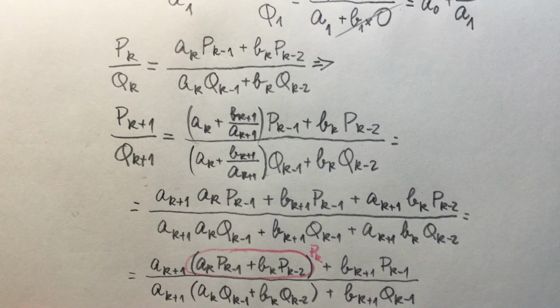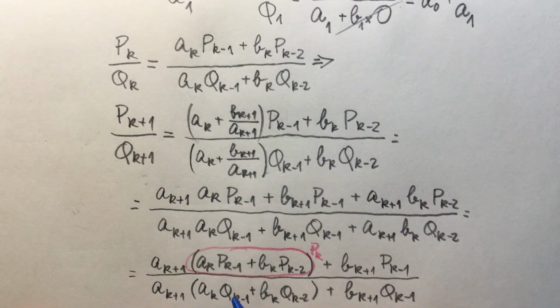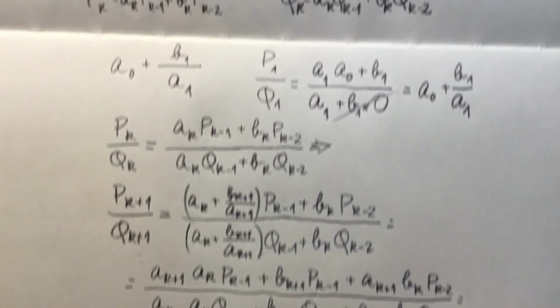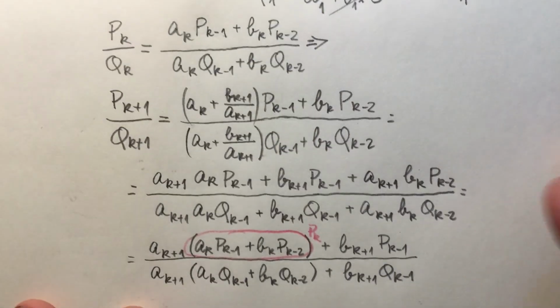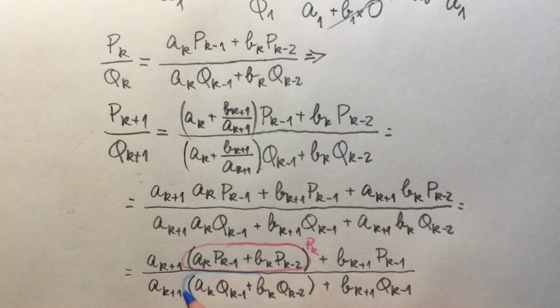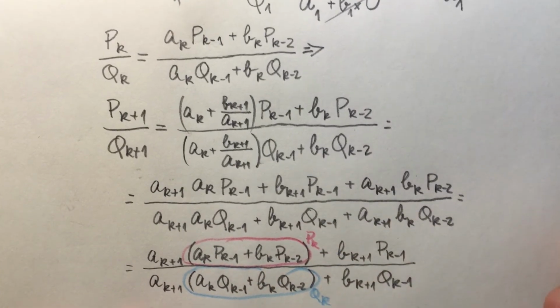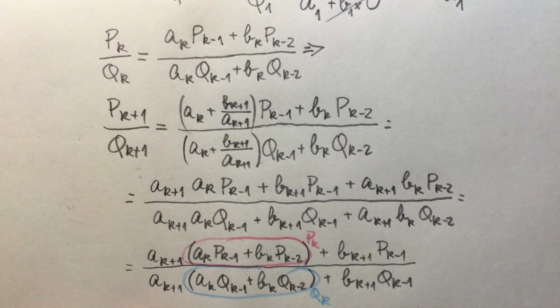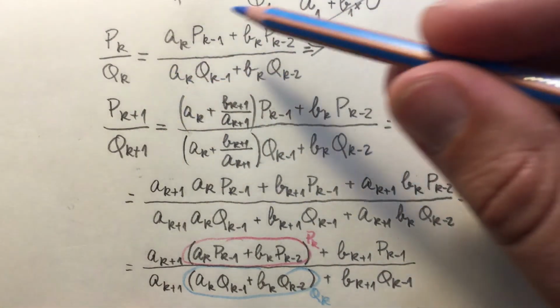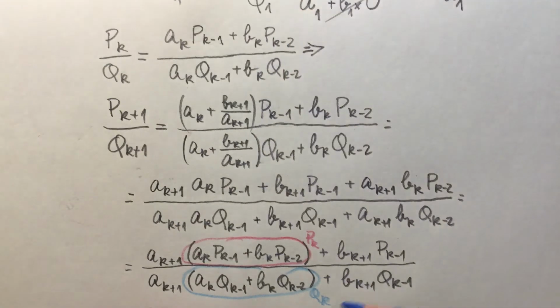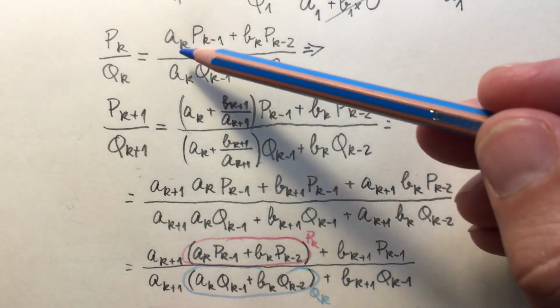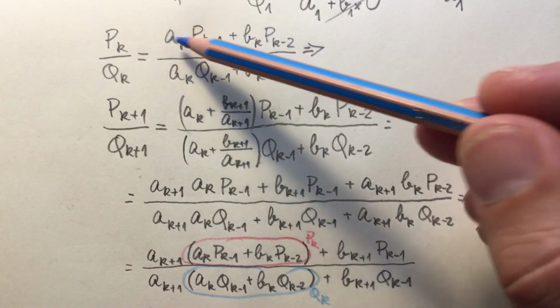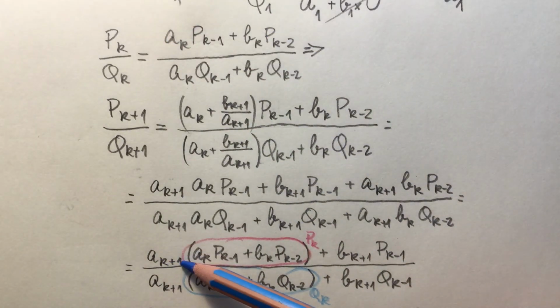And what we have here in the denominator, ak qk minus 1 plus bk qk minus 2, is what we defined as qk. So this here is qk. And now we see that the expression we have here is this, but this has been increased from k to k plus 1. Look, ak, here we have ak plus 1.